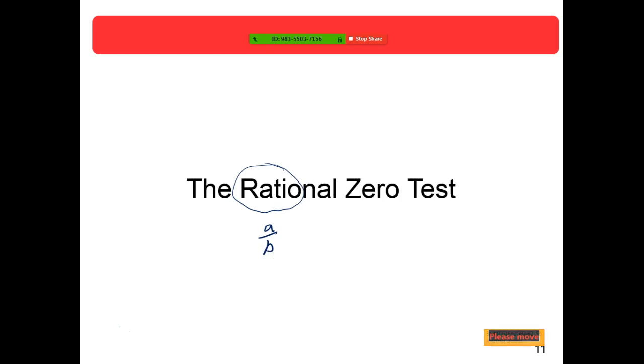Now, what can those numbers be? A can be any integer in the world. The B, however, can be any integer except 0, because you can never divide by 0. So a rational number is any ratio of two integers as long as the bottom integer is not 0. Okay? So that's what we mean by a rational zero. So we're going to deal with numbers that look like that.